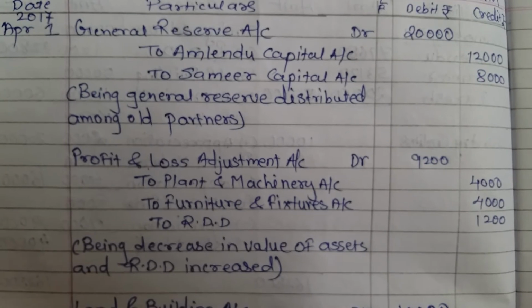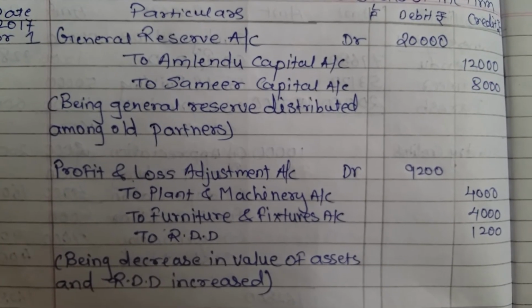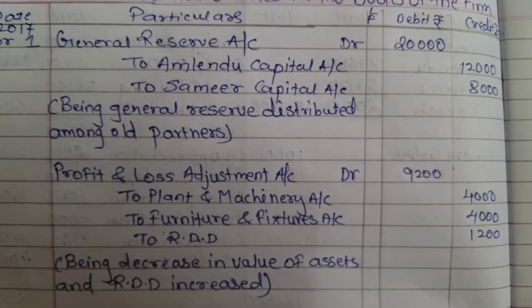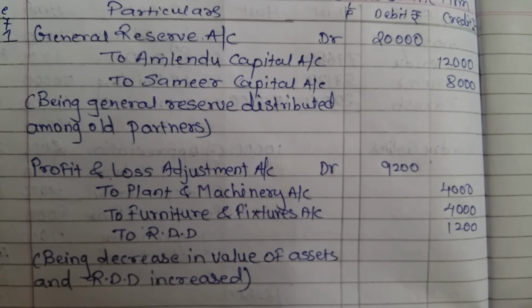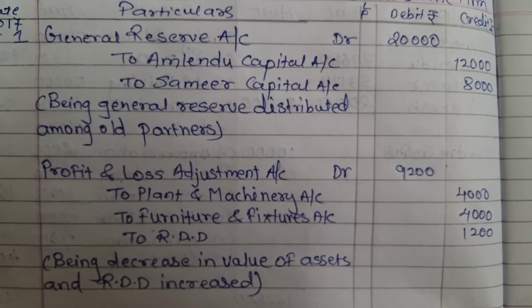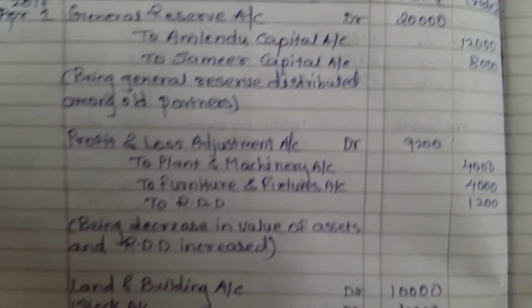Then the second entry: Profit and Loss Adjustment Account debit to Plant and Machinery Account, to Furniture and Fixture Account, to RDD Account. The amounts given are 9,200, 4,000, 4,000 and 1,200, as this is regarding the decrease in the value of assets and the RDD increases.